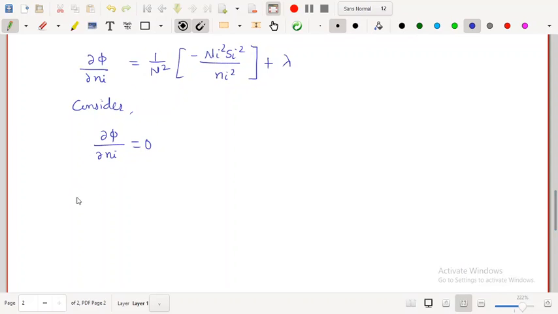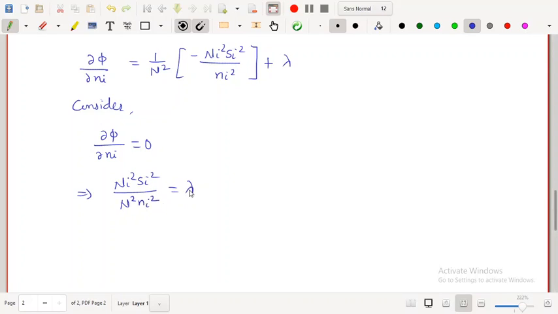After equating this equal to 0, this will be Ni square Si square upon N square ni square equal to lambda.